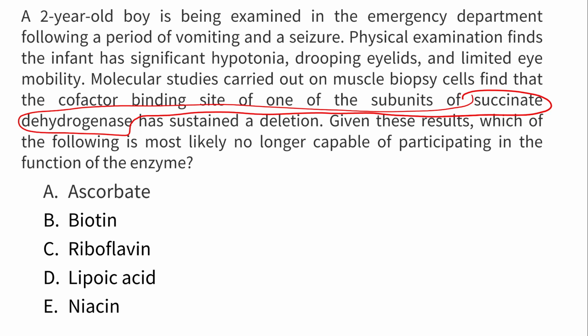Succinate dehydrogenase is connected with riboflavin, FADH₂, riboflavin. So the answer is riboflavin.